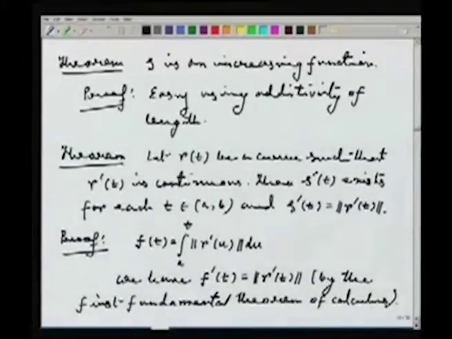Okay. Now we start looking at the difference quotient. The following difference quotient I am interested in. So for h bigger than 0, I look at norm of r(t+h) minus r(t), divided by h.